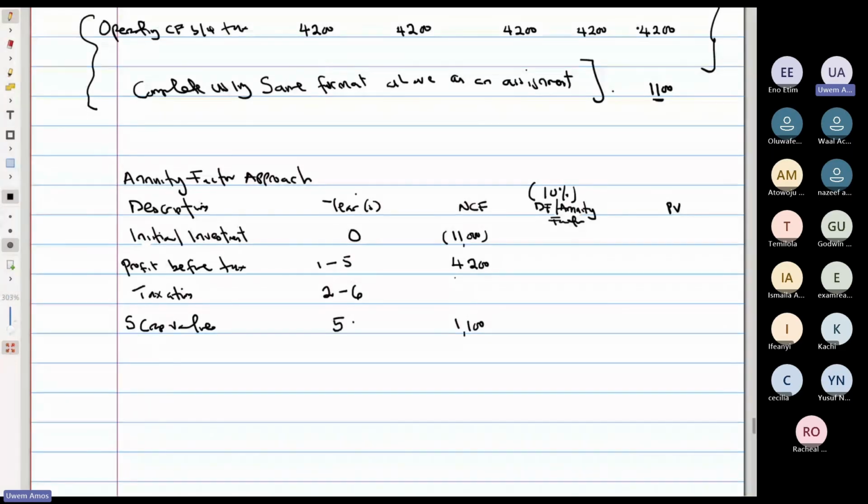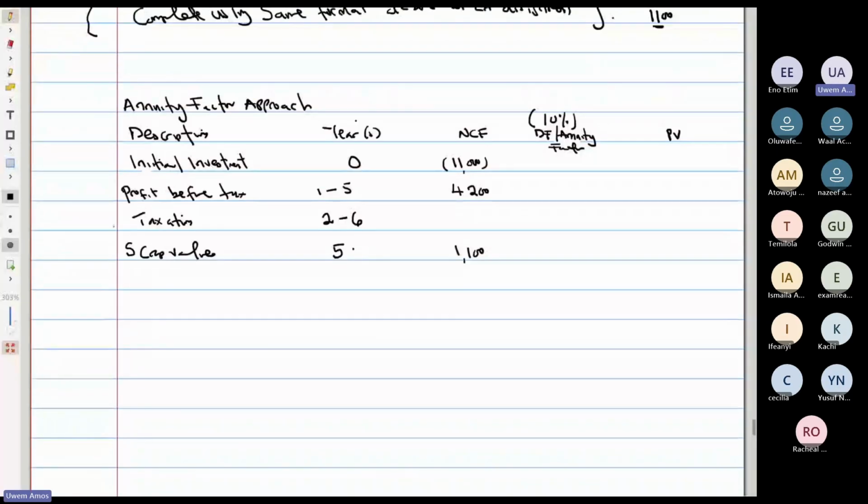All right, let's now do our tax quickly. So what will be our tax value? Now, pay attention to this. What is our tax rate? 20%. Thank you very much. Now pay attention to this. The profit before tax is 4.2.